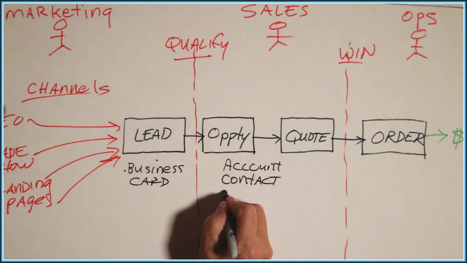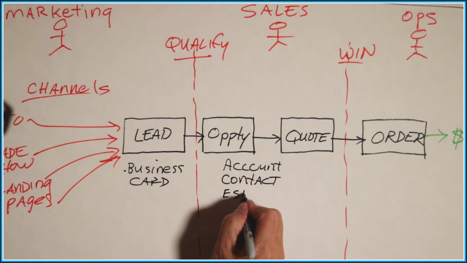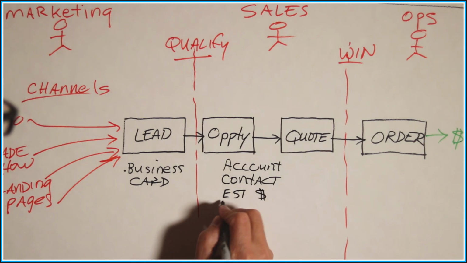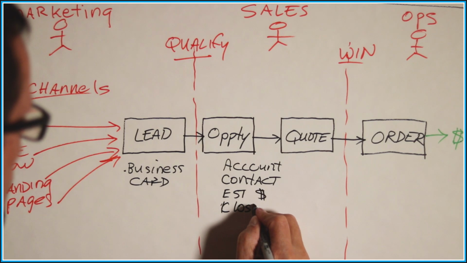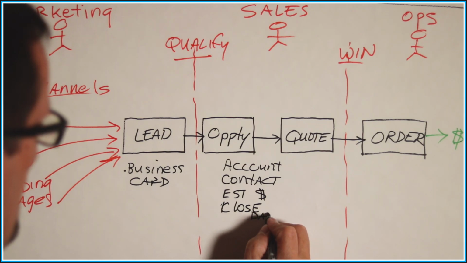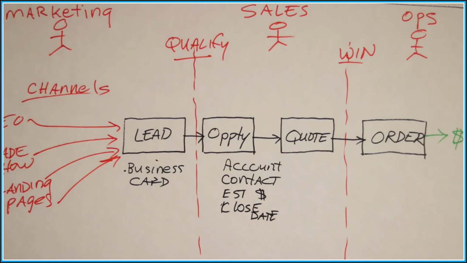It will have an estimated dollar amount and a projected close date. With this basic information, account, contact, estimated dollar amount, and close date, that's enough information to build our funnel.